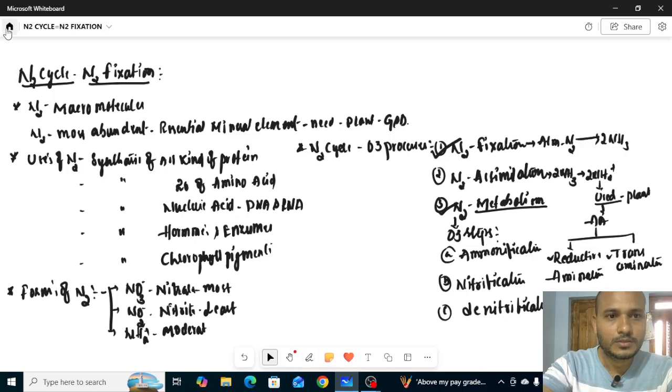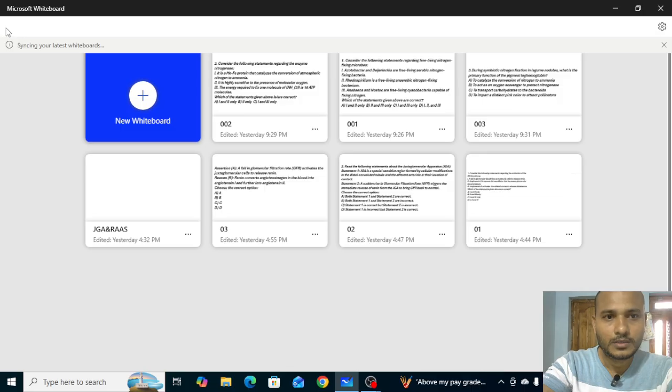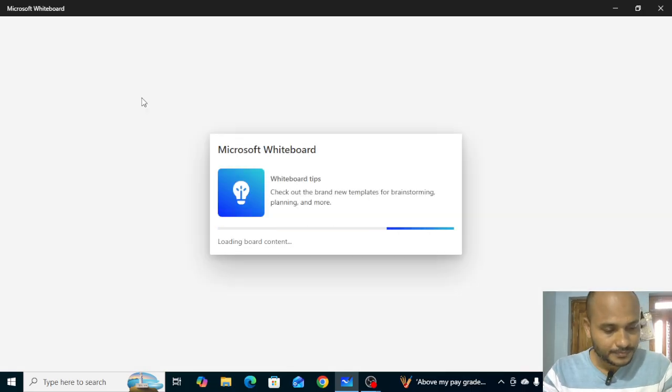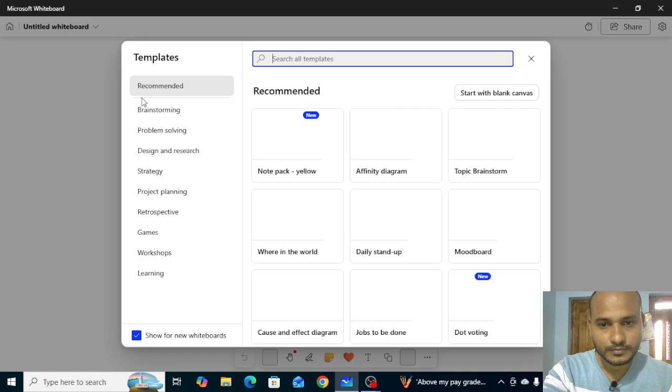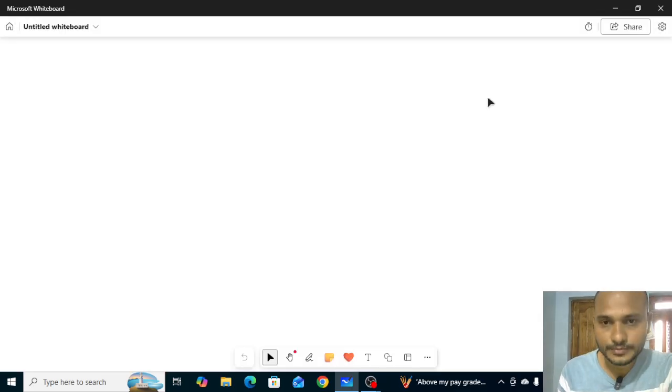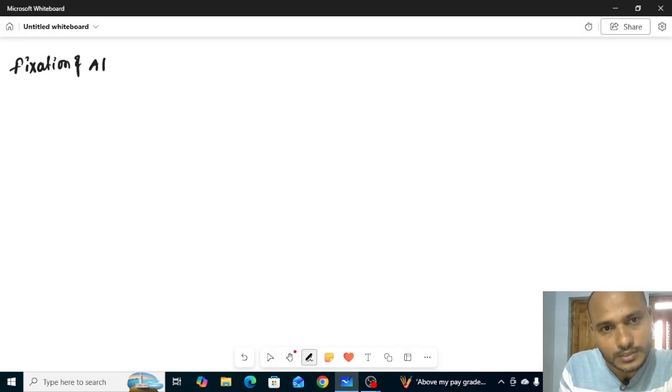Okay, so how does nitrogen fixation occur? Fixation of atmospheric nitrogen. The availability of nitrogen in the atmosphere is 78%. This fixation of atmospheric nitrogen occurs in two major processes.